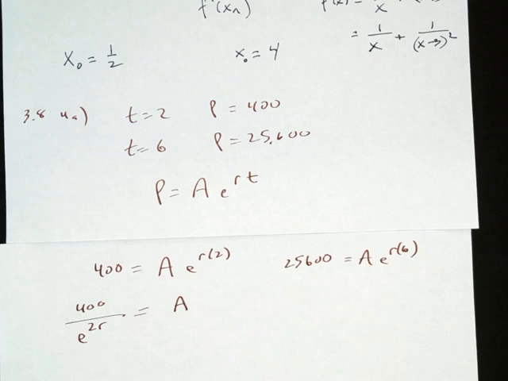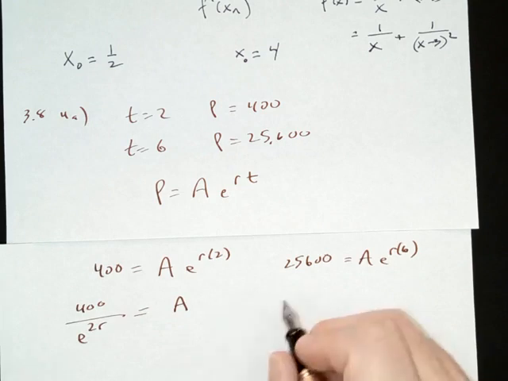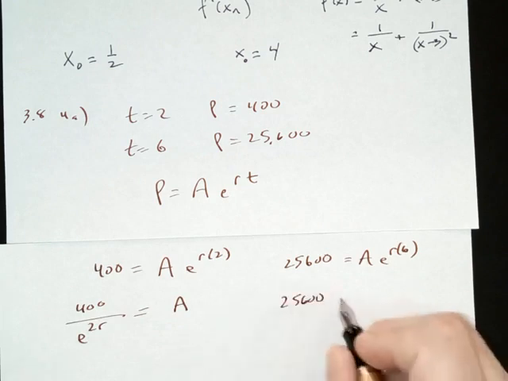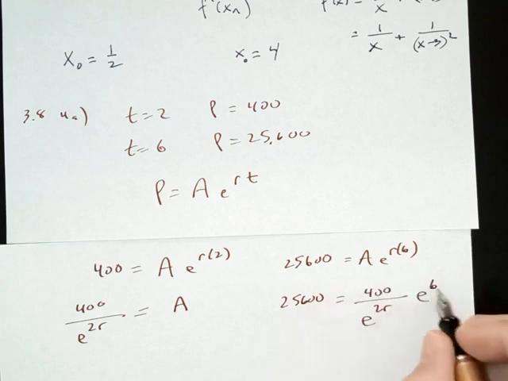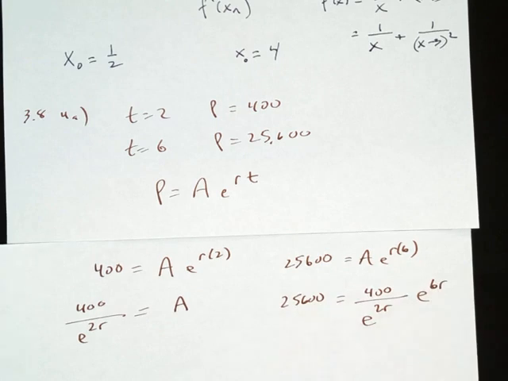Now let's put that A into the other equation. Hey, wait a second. I have 2 E's, right? They're being divided.